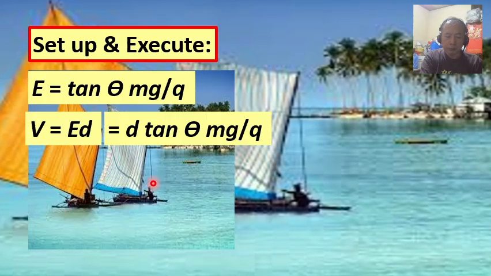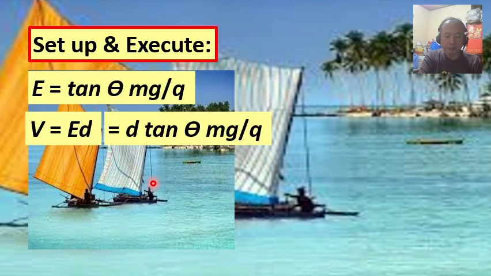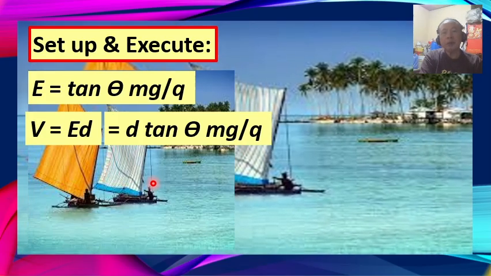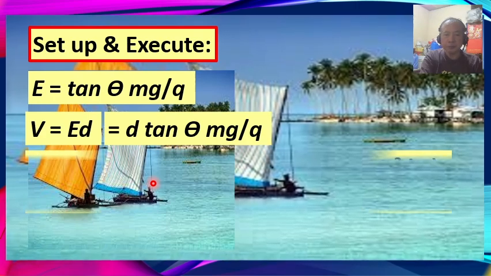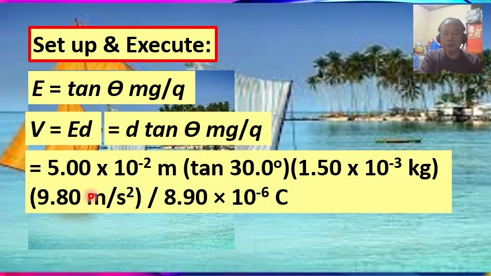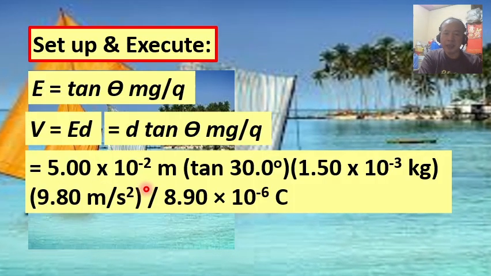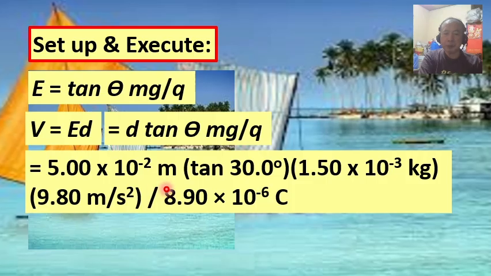So when we plug in the quantities into this equation, we have 5.00 times 10 raised to the negative 2 meters.